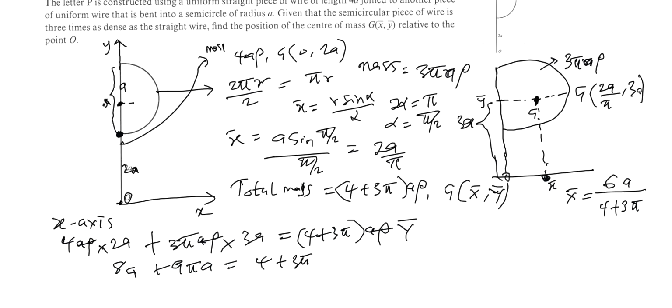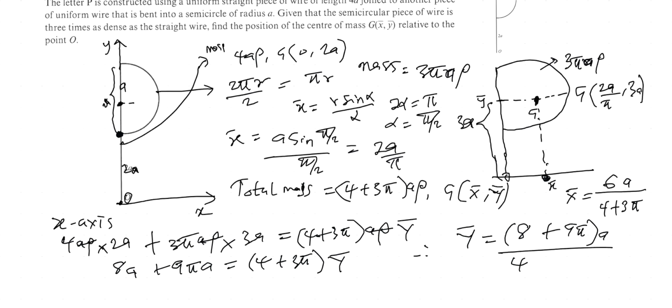Therefore, my y bar is equal to 8 plus 9 pi, a, all over 4 plus 3 pi. So we've gotten our x bar and our y bar.